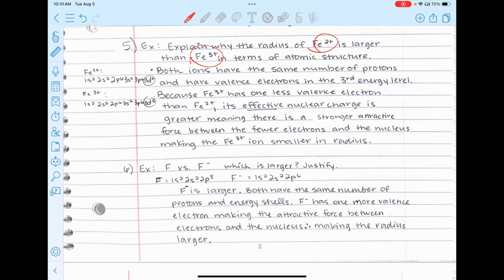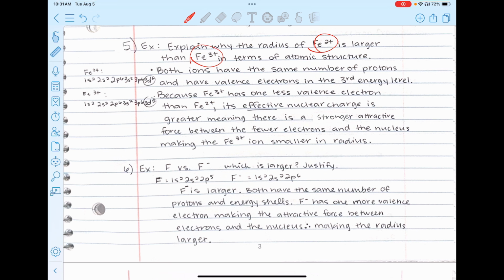Both versions of iron still have the same number of protons. Iron has 26 protons no matter what version of ion you get. So what is the difference? If we know we have the same protons, we should have similar charge at this point. So what do we compare next?